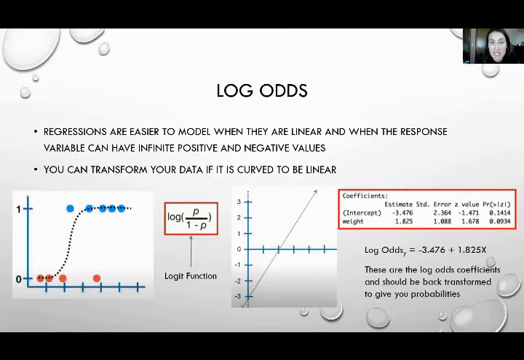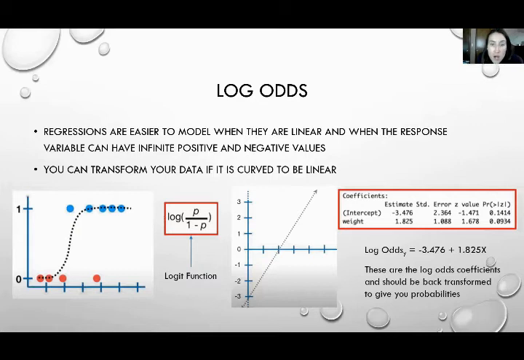So on the right-hand side, you could see the estimates for a logistic regression, a random logistic regression that was created with some sample data. And so I just want to use this to show you how the estimates go into making your predictive equation. So what this is telling us is that you can see here we have an intercept, and then we have the slope for our predictor variable.